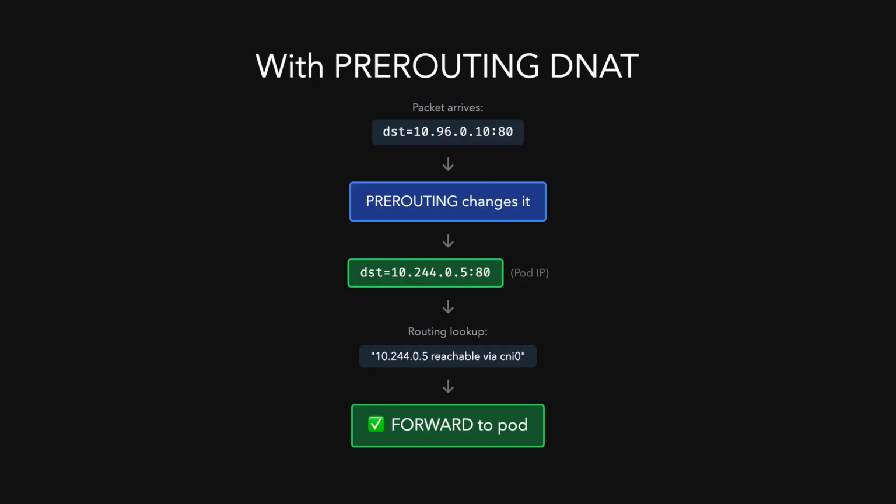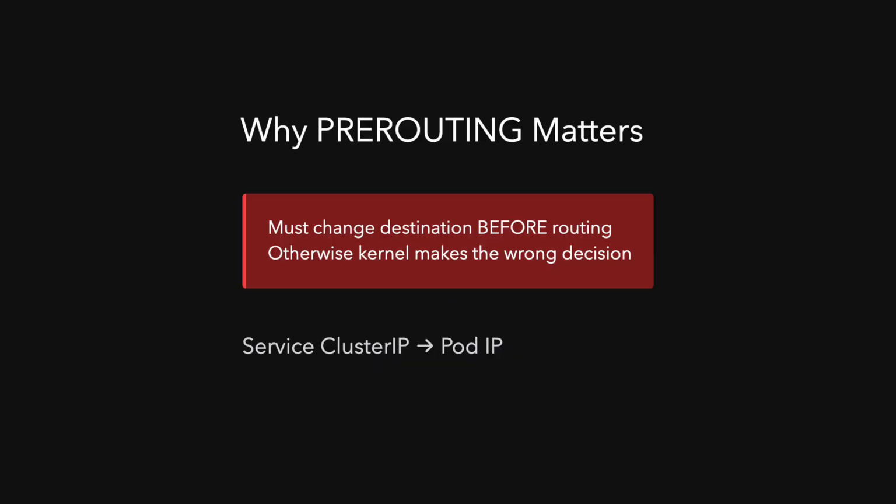But with pre-routing DNAT, the packet arrives on the service IP, pre-routing changes it to the pod IP, the routing lookup says this IP is reachable via, for example, the cni0 bridge, and the packet is forwarded to the pod. We must change the destination before routing, otherwise the kernel makes the wrong decision.